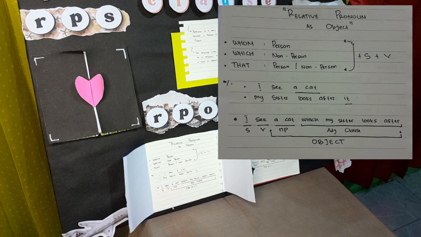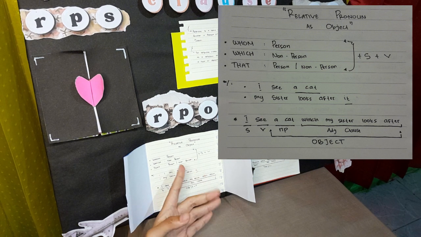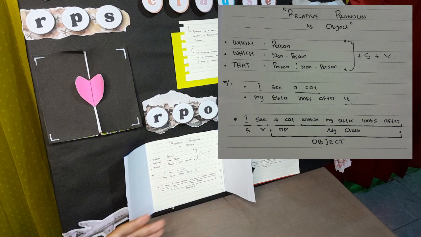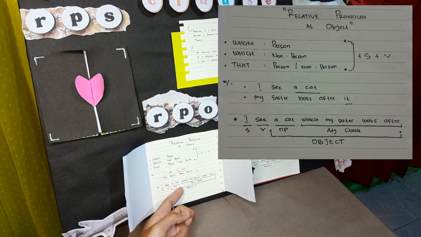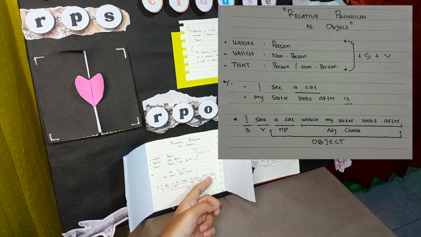I see a cat. Then choose the conjunction which explains other than person. Well, here there is which. Then we use which. So the sentence is, I see a cat which my sister looks after.